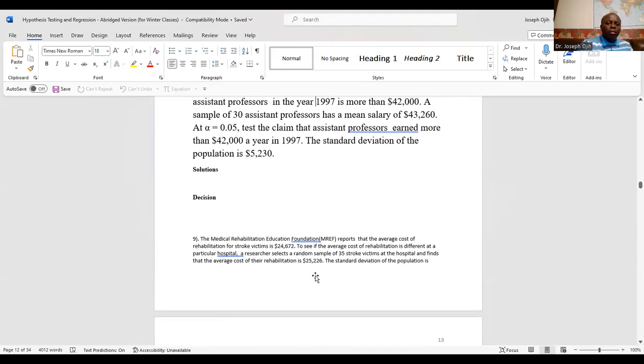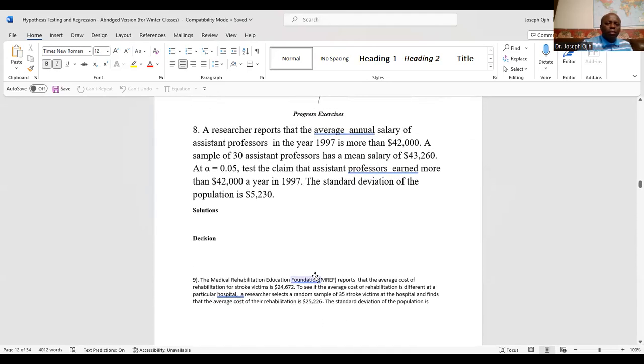It says that a researcher wants to report that the average annual salary of assistant professors in 1997 is more than $42,000 a year.